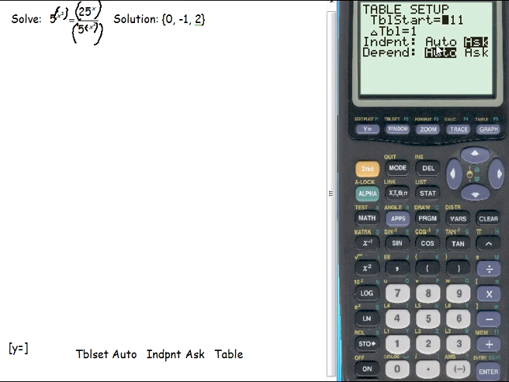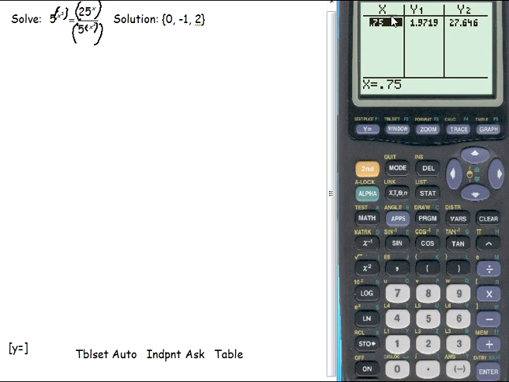You could use auto and just scroll down through the integers till you got to 0, -1, and 2. But I'm going to just set it for ask so I can enter just the values that I have as solutions. And then I'm going to go to table, and what I'm looking for is the left side, which is y1, being equal to the right side.